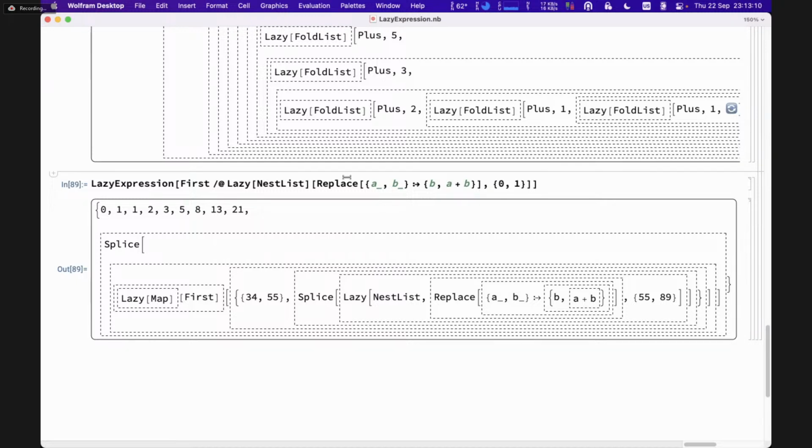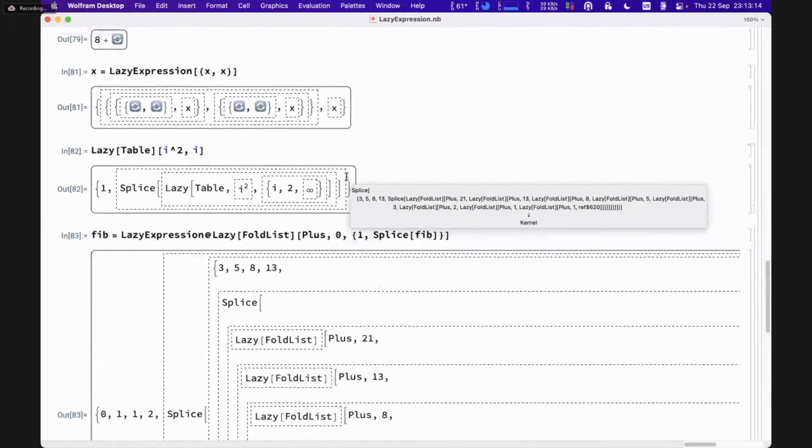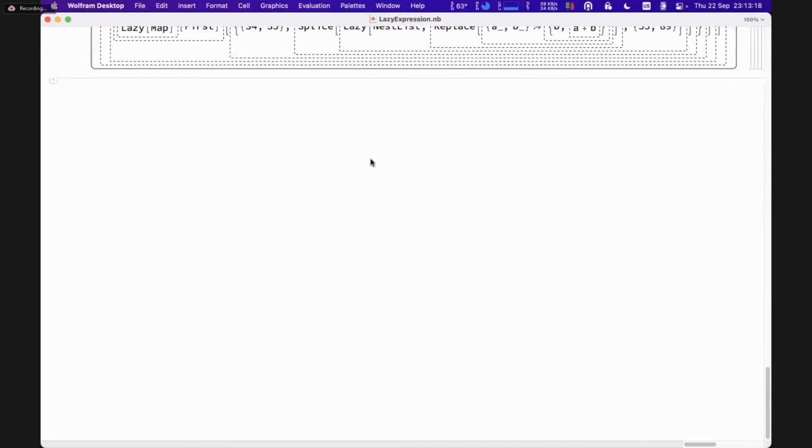Okay, let's review where we were before. We have a concept of a lazy list. We understand that there are operations we can do, and then at the end we resolve it. How does this relate to that?